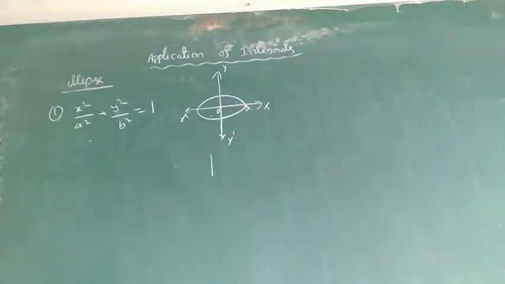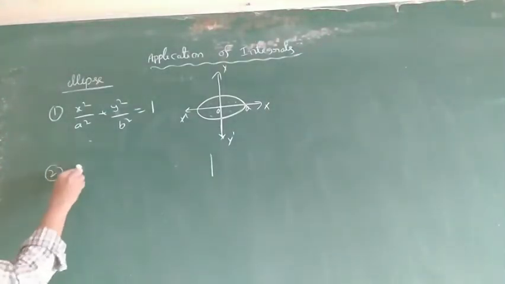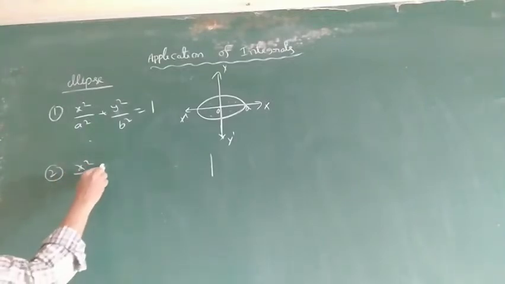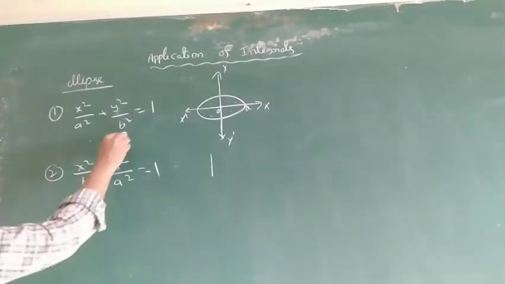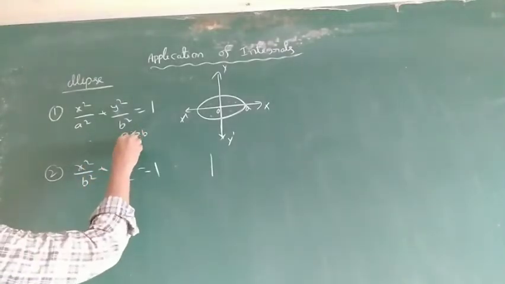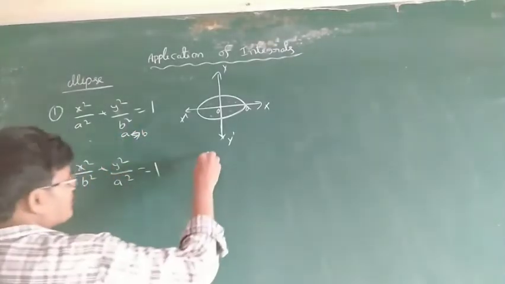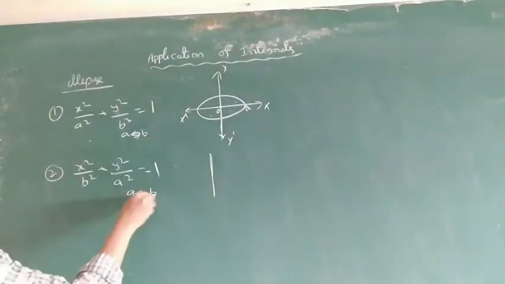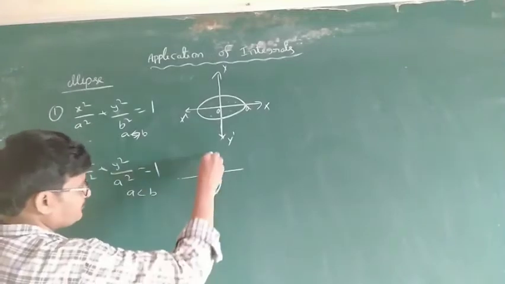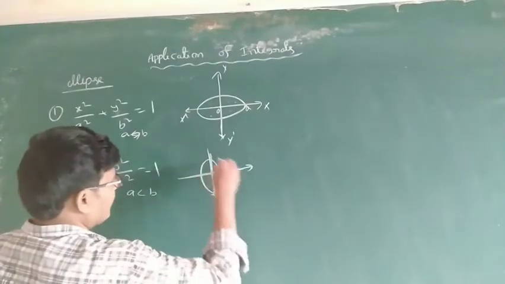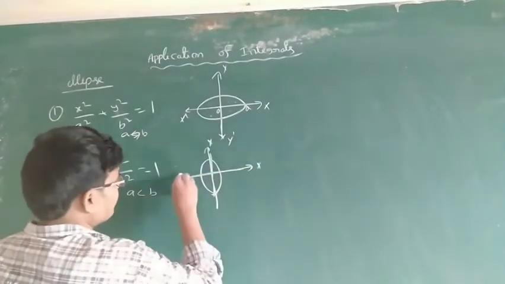This is one. Next, the second one, x square by b square plus y square by a square is equal to 1. So here a is less than b, and this is also reversed. It is symmetric about the x-axis and y-axis. So the integration is from 0 to a, the same limits.